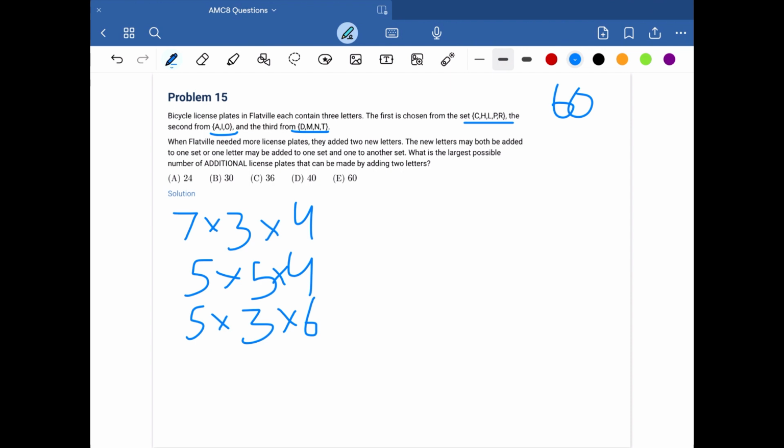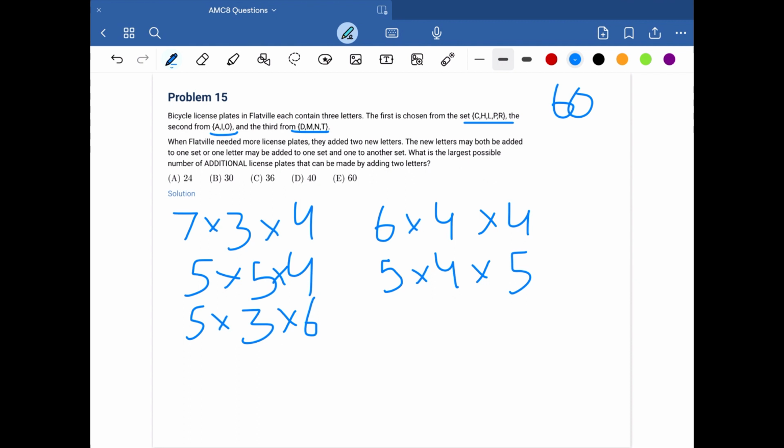So if 1 was added to the first one, it becomes 6, and if it was added to the second one, that would become 4 times 4. And then if 1 was added to the second one and then to the last one, it would become 5 times 4 times 5, because 1 is added to 3 to make 4, and 1 is added to 4 to make 5.